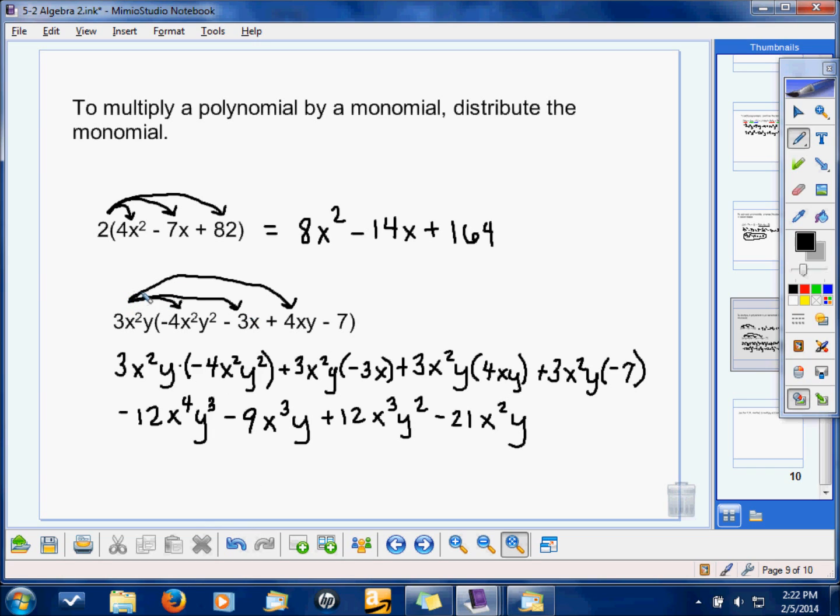You don't have to draw these arrows in either. I'm just showing you what's happening here. So monomial times a polynomial: you're bringing in that monomial times everything inside the parentheses, multiplying the coefficients, and adding the exponents for the like bases as you go.